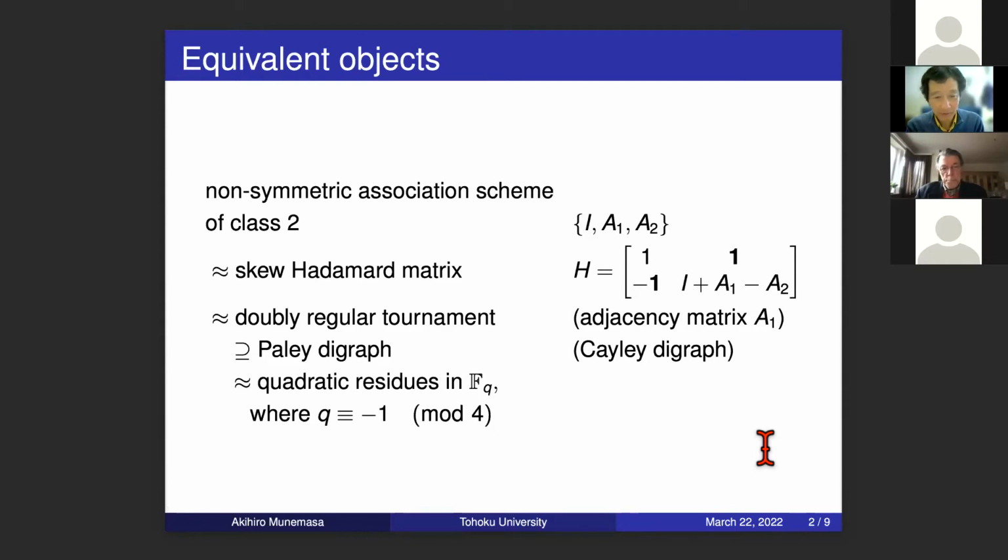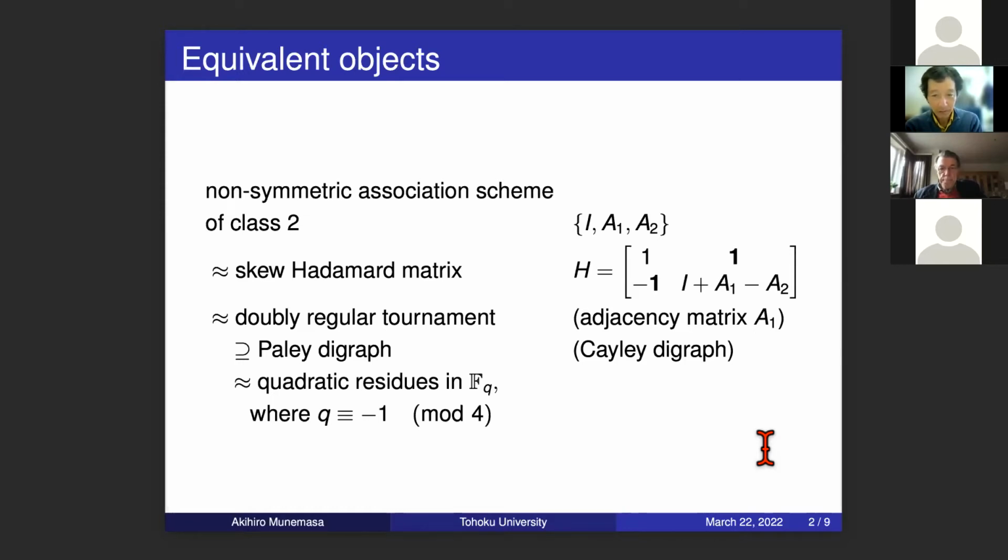So if you are already familiar with the theory of association schemes, then you may think of an association scheme as a collection of adjacency matrices. One is the identity, and two adjacency matrices A1, A2. These two 0-1 matrices are transposes of each other, satisfying certain regularity conditions.